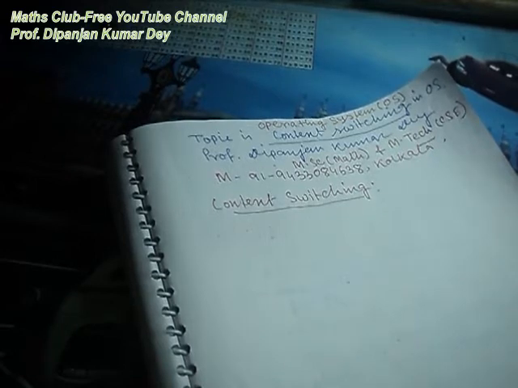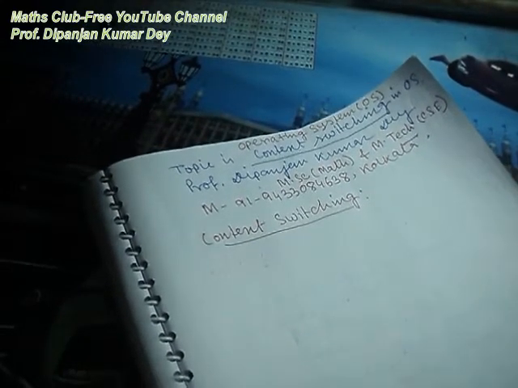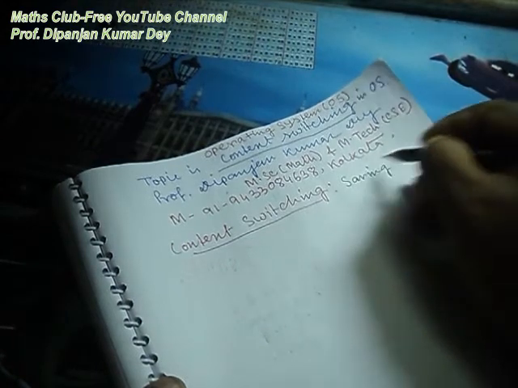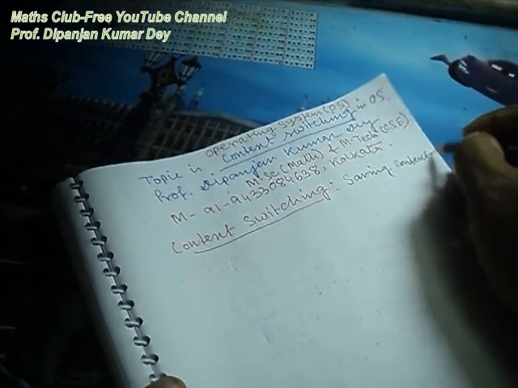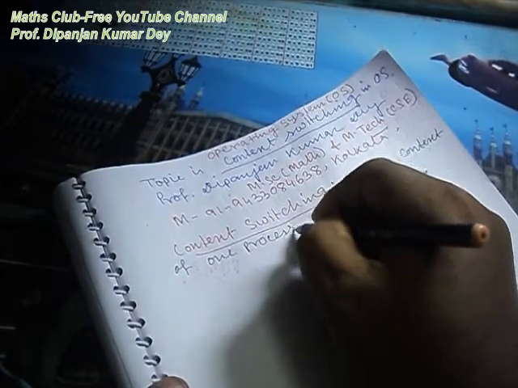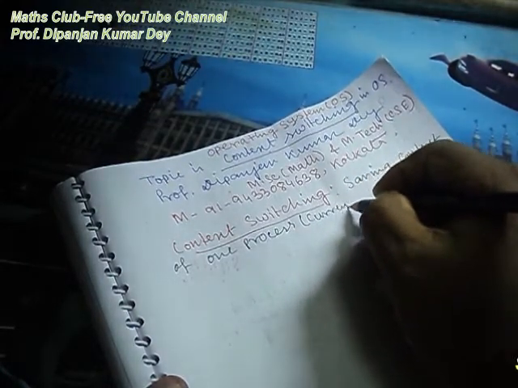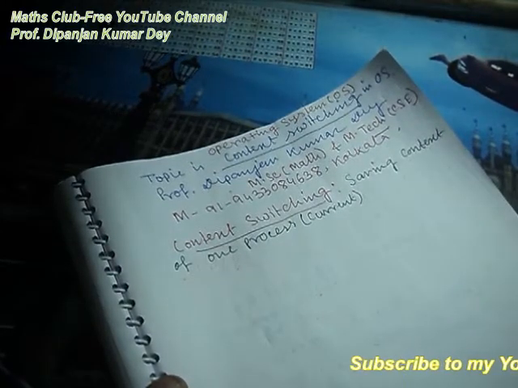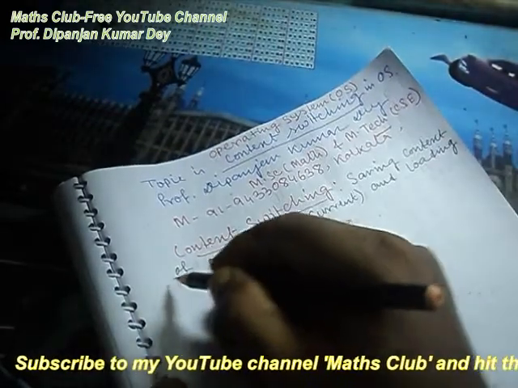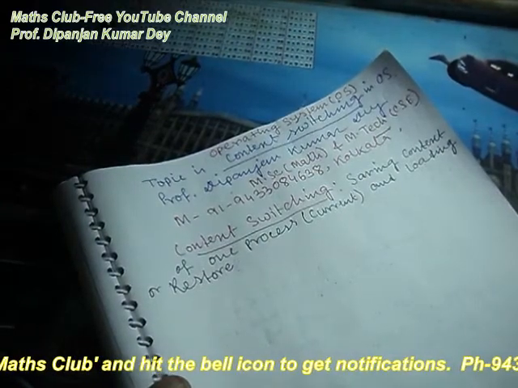Saving the context of one process means the current process, and loading or restoring the context of another process.